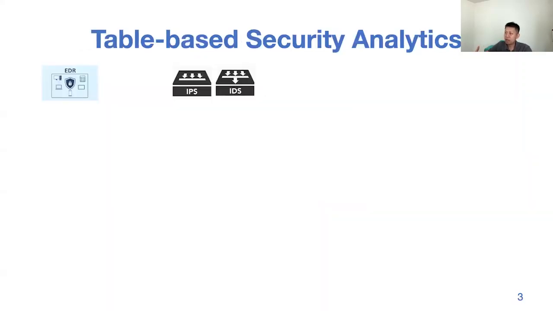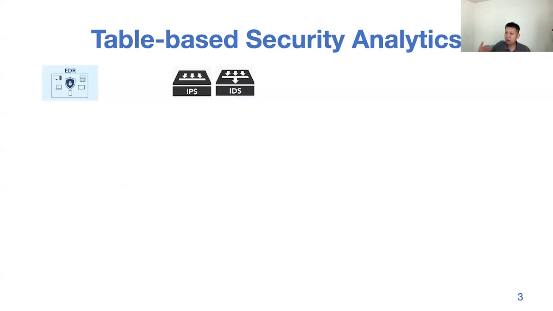To detect such sophisticated cyber attacks, the traditional approach, which I summarize as table-based security analytics, is to collect data like logs from the end hosts, like system logs such as Windows ETW and Linux auditd, these operating system logs.